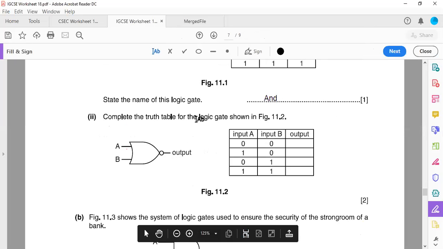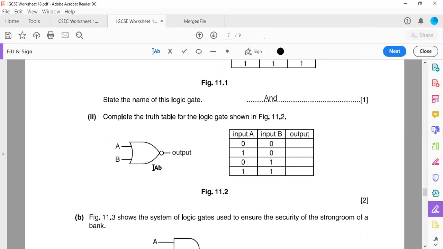Right. It's a completed truth table for the logic gate. What type of gate is this? Anybody have any idea what type of gate this is? NOR gate, excellent.